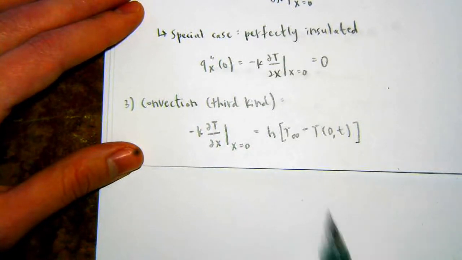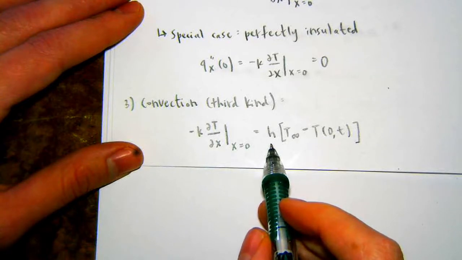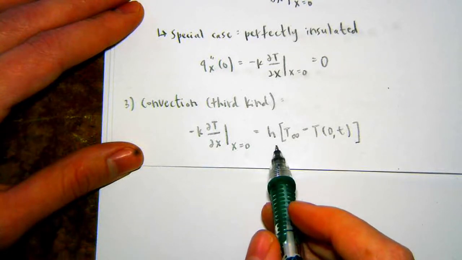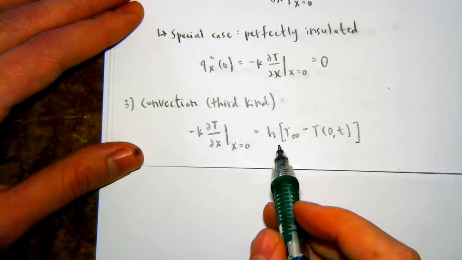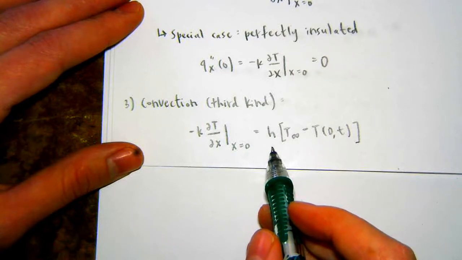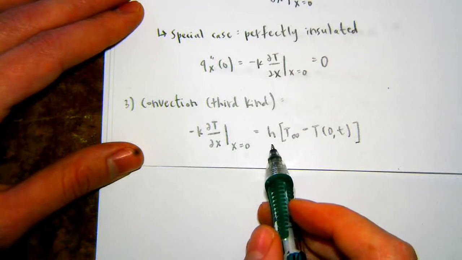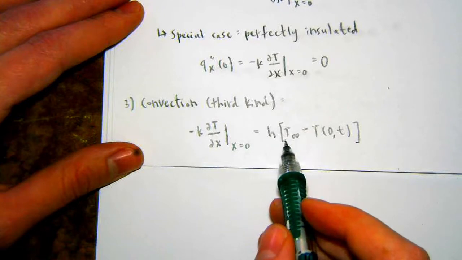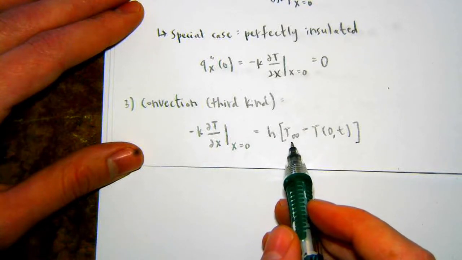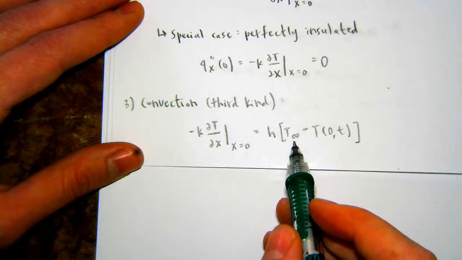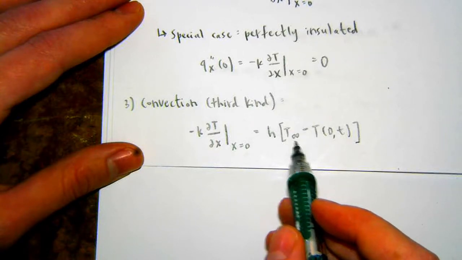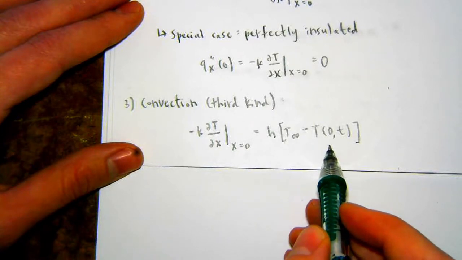And this h is kind of a property that determines basically how quickly convection occurs. And then the T infinity is the temperature of the flow, so the fluid temperature. And then this T is the temperature at the surface.